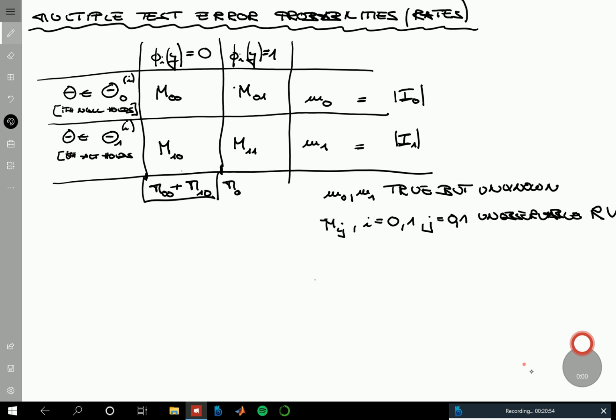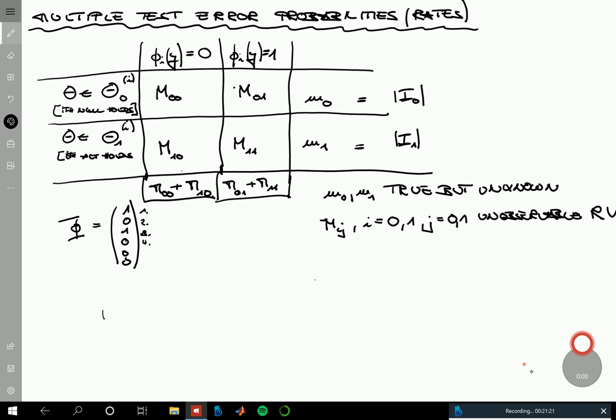So again, this corresponds to the case, so think again of phi being a vector of ones and zeros, and this vector just tells you the null hypothesis was accepted at the first location, it was rejected at the second location, it was accepted at the third location, and so on.